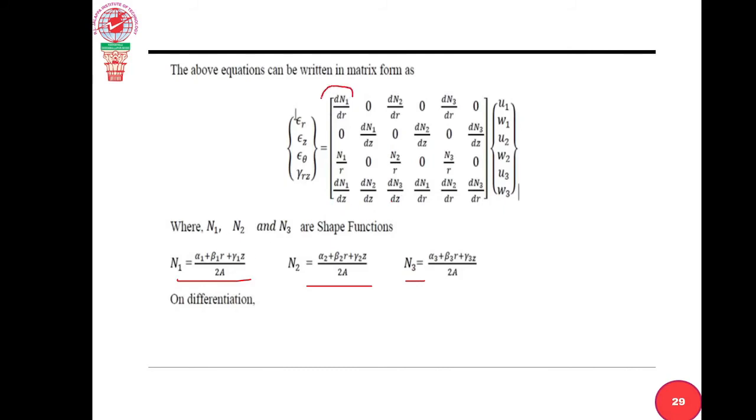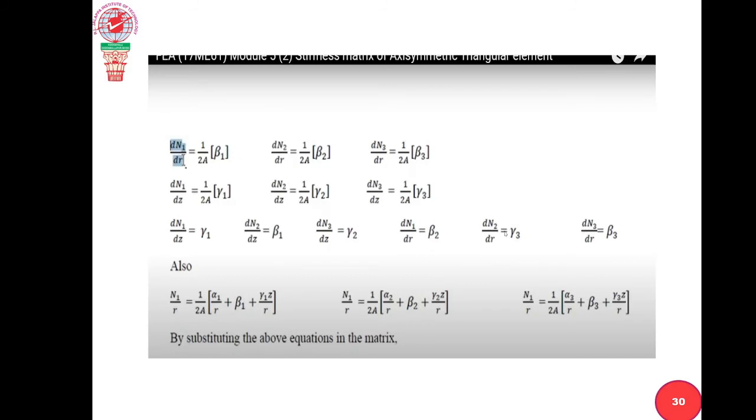Let me take the first term: differentiation of N1 with respect to r. Similarly, N2 differentiated with respect to r, N3 with respect to r. Similarly, N1 with respect to z, N2 with respect to z, and N3 with respect to z. So we have to derive one by one separately.